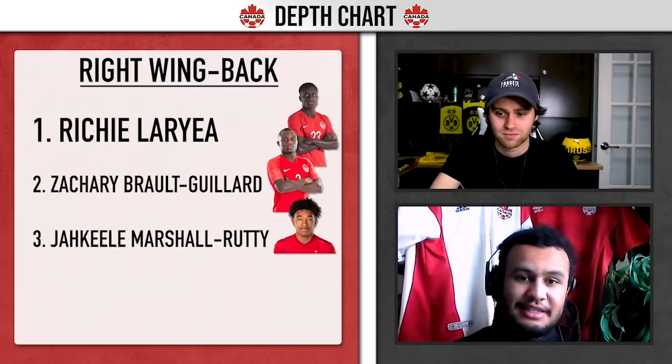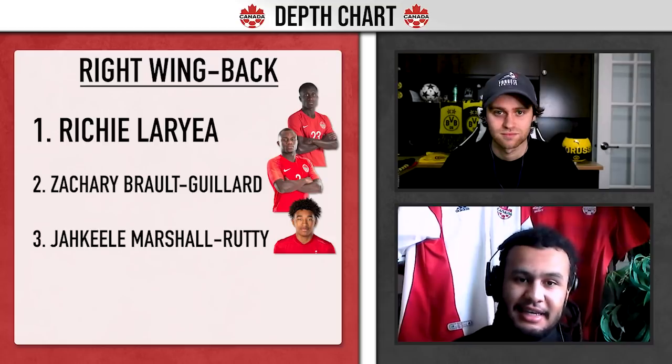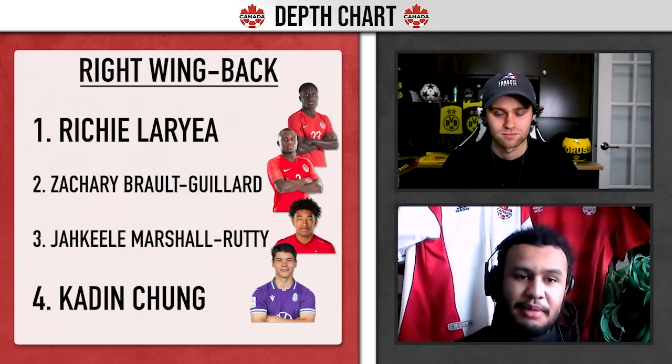And then lastly, this is one I at least petitioned to get included because I think it shows, A, how wide open this position is, but also B, some of the talent playing in the Canadian Premier League. We already shouted out Karifa Yao, but we got Kadin Chung, Pacific right back. He was so good throughout the year. I mean, I'm a bit biased just because I got to see a little more Pacific games out here on the West Coast.